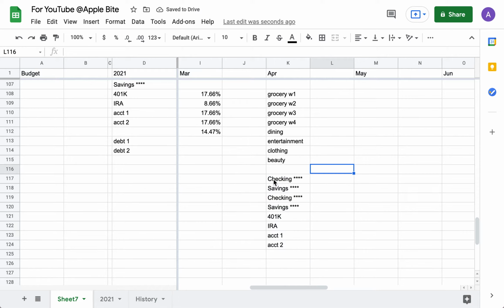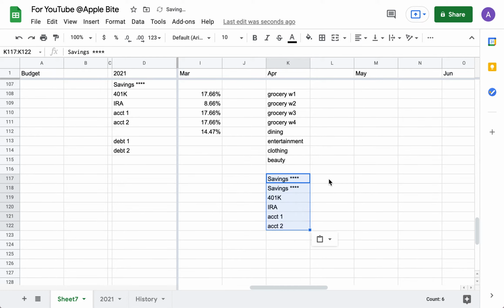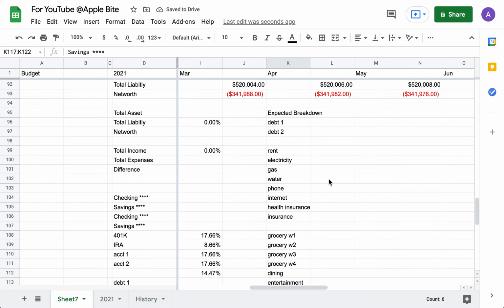So not so much for checking. I don't always have to put stuff toward checking other than my paychecks, so there's no need for that. But for savings, there would be.